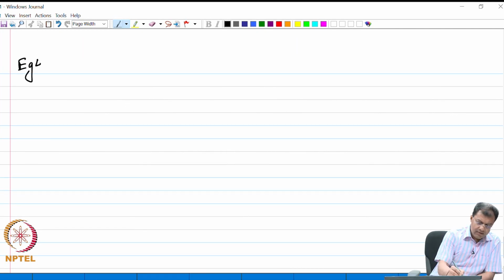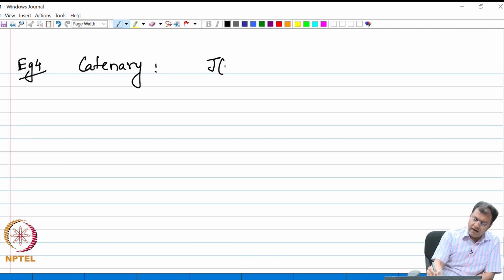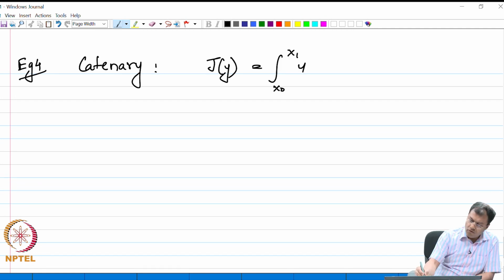Now, let us look at another example that we have seen in the past lecture, the example of the catenary. Let us recall the catenary example. J of y is the integral from x0 to x1 of y times the square root of 1 plus y prime square dx.